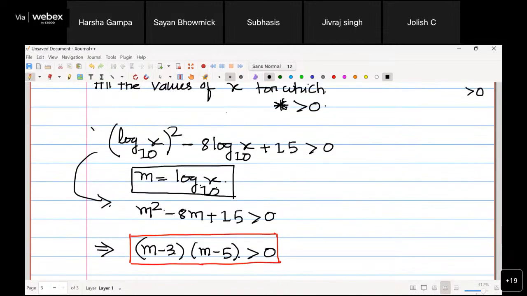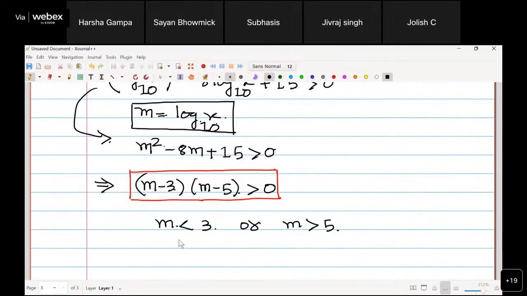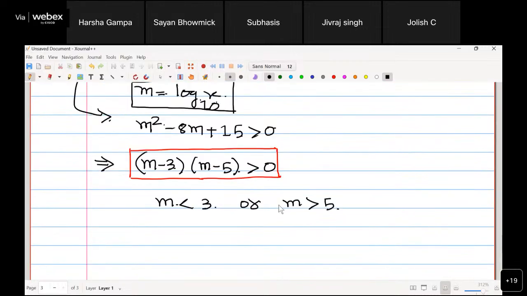Now we got the values for m, but we need to find the values of x. So I'll replace m: log 10 x is less than 3 or log 10 x is greater than 5, right?